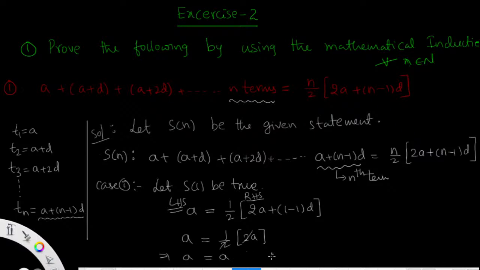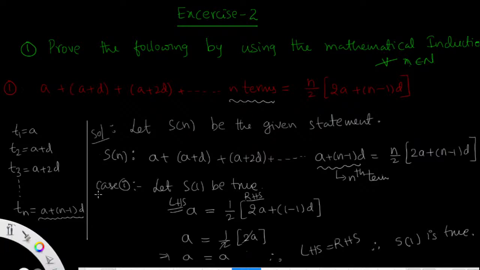So a equals a. Therefore both are equal, and the given statement is true. Now we can say that the given statement is true for S of 1. This is the basic step.